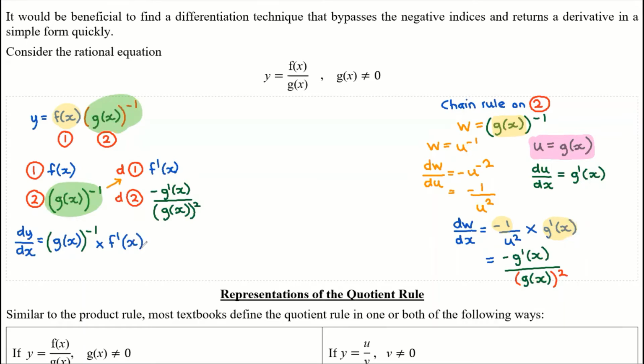Now, d2, of course, is negative. I'm just going to show you again. So I'm going to find the product of these two expressions, and I'm adding them, but because it's a negative g dash x in d2, it's going to be a subtraction. And we're going to get g dash x.